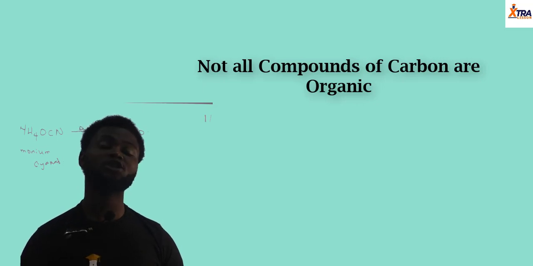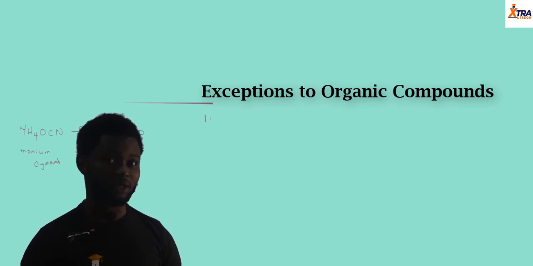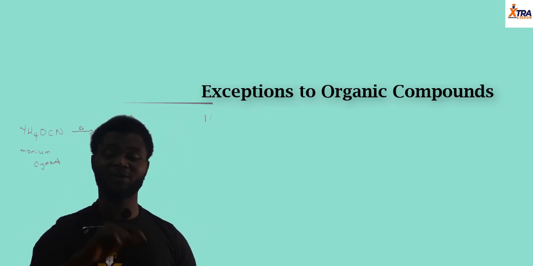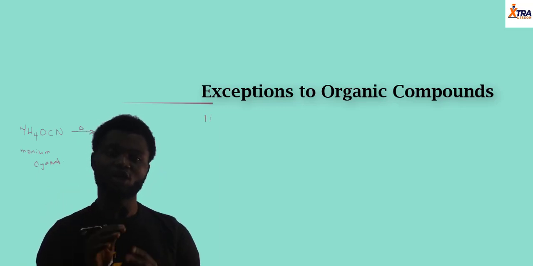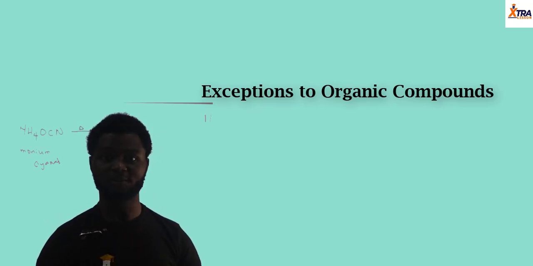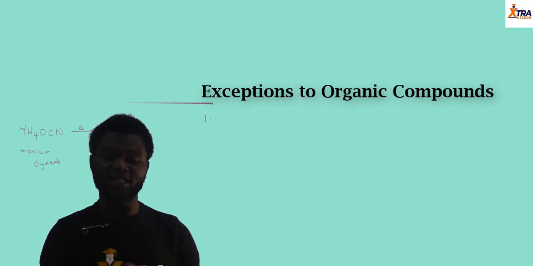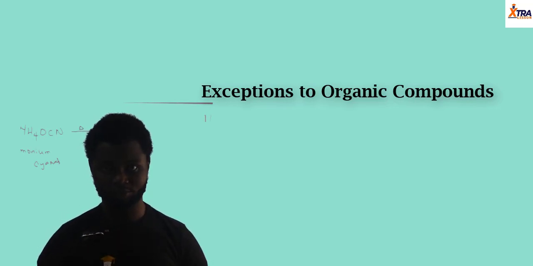There are actually some exceptions to organic compounds, and the reason is simple. For us to call a compound an organic compound, the carbon in that compound must fit into those unique properties. If you have carbon excluding itself from any of those unique properties, then it will form an inorganic compound and not an organic compound.